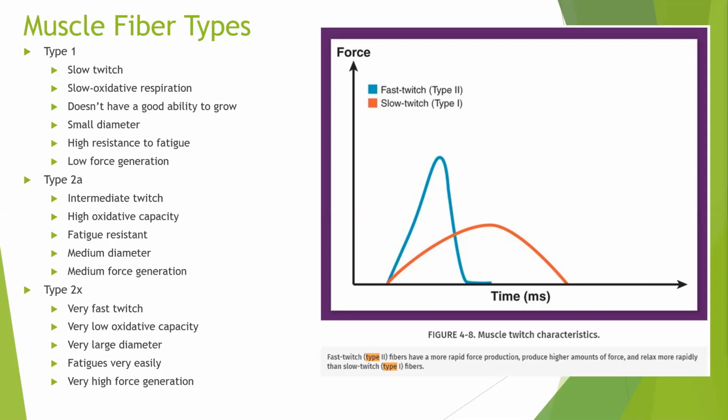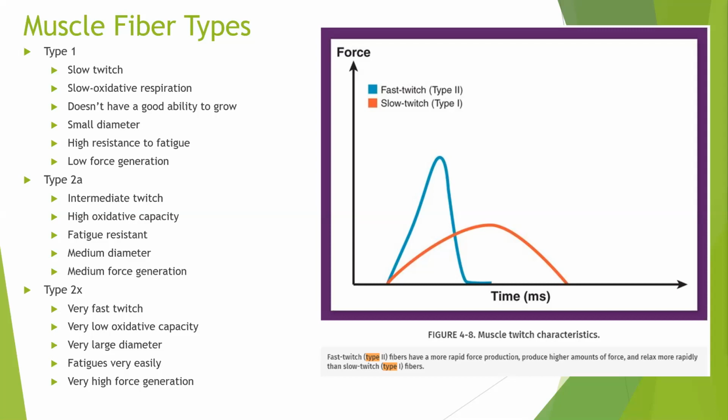Now, the problem with them is that the diameter of these fibers is a lot smaller than your type 2 fibers. They have a smaller motor neuron, and they don't have a good ability to grow. Meaning they don't have a really good ability to be hypertrophic or to experience muscle fiber diameter growth.